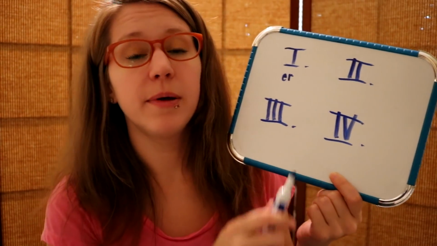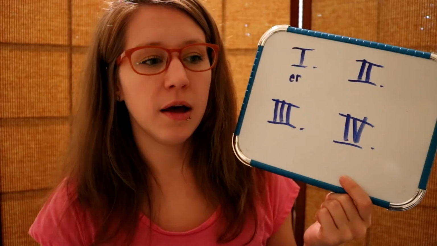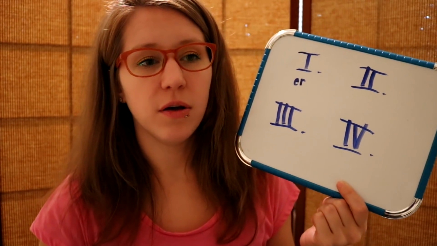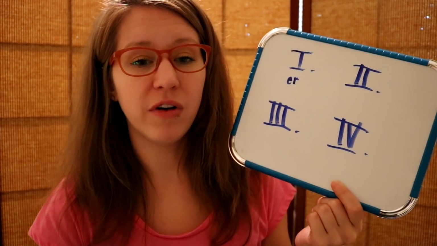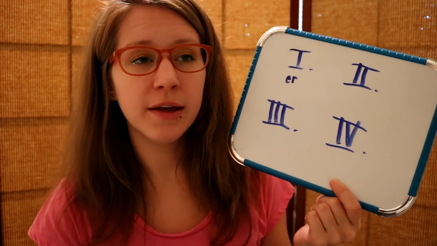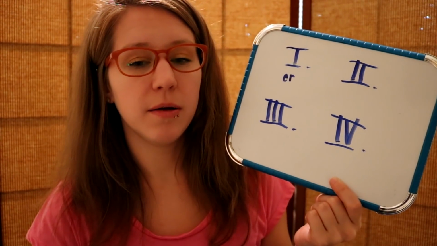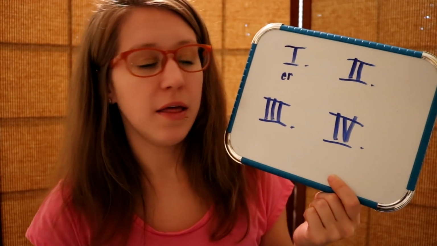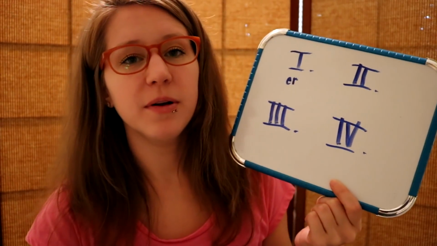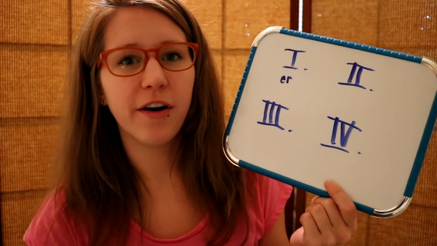And as you move up through these, you get new groupings of verbs which follow similar patterns when being conjugated, but as you go up in number, they get a little bit harder.